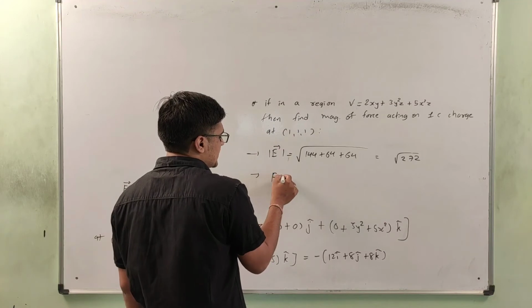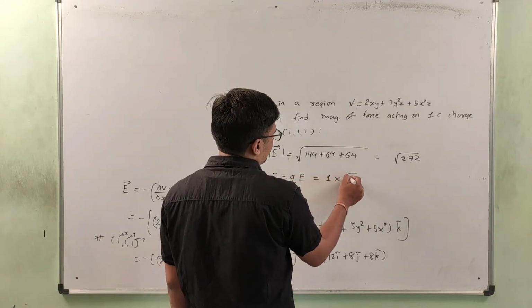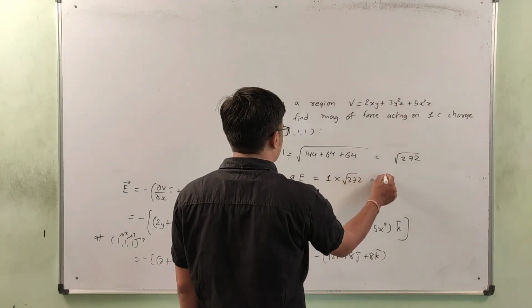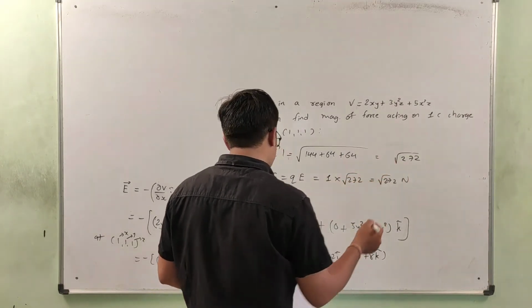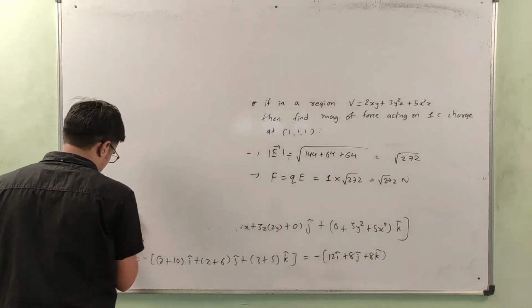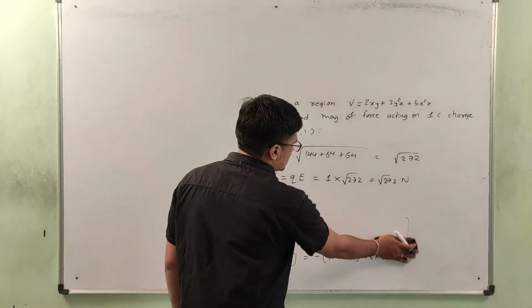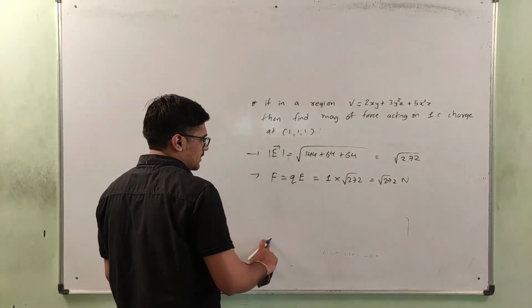So force acting on the charge at that point is equal to Q into E. The charge is 1 coulomb and the electric field is root 272. So root 272 Newton is our answer. Sometimes this type of question is also asked. Sometimes they ask only the electric field, so calculate up to this only.